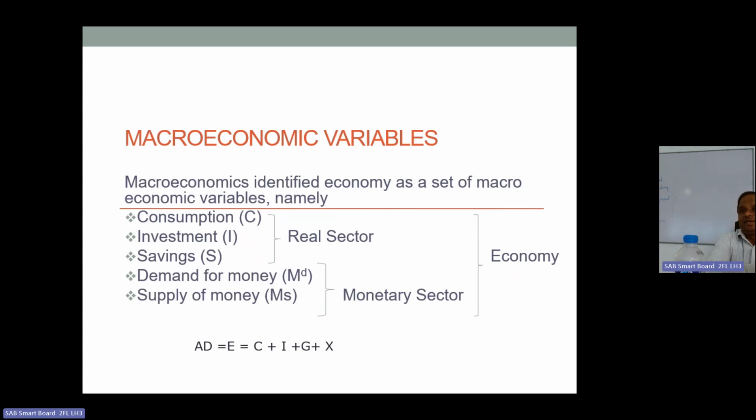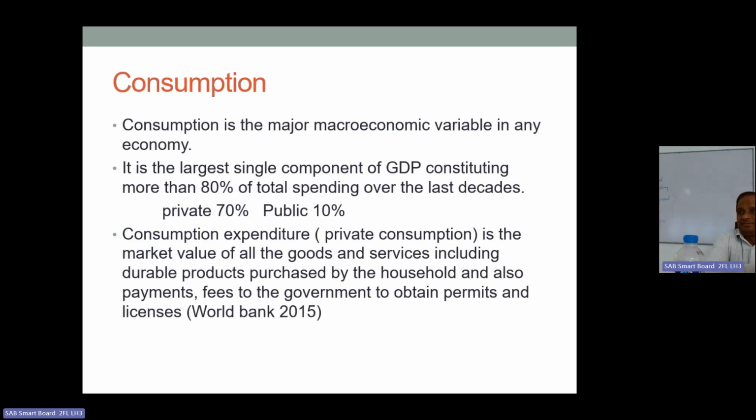From our income, we allocate a significant portion for consumption, so it forms a significant part of aggregate demand as well. That is why consumption is a major macro variable: more than 70 to 80% of your income you allocate for consumption.